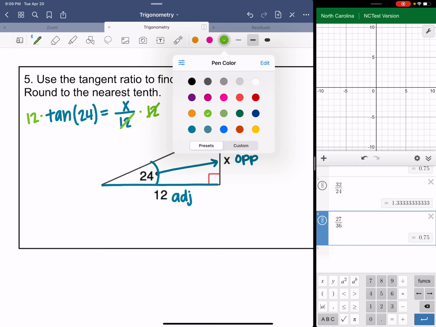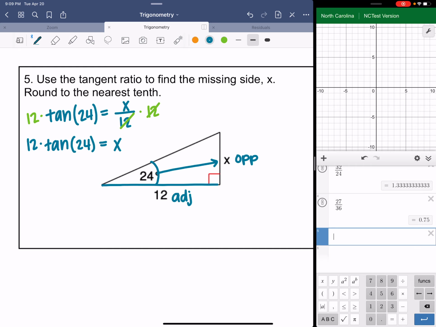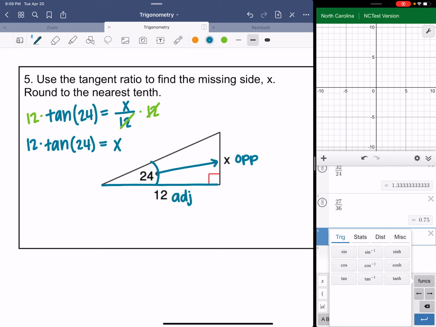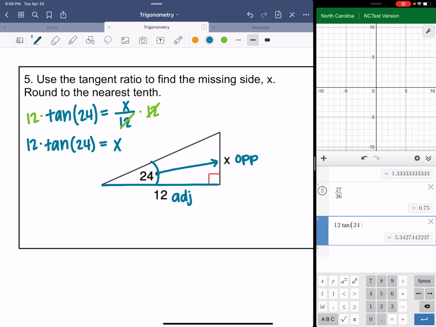And we're just left with 12 times tangent of 24 is equal to that missing side, x. So we need to calculate 12 times tangent of 24, and that gives us 5.3 approximately. So that missing side is approximately 5.3.